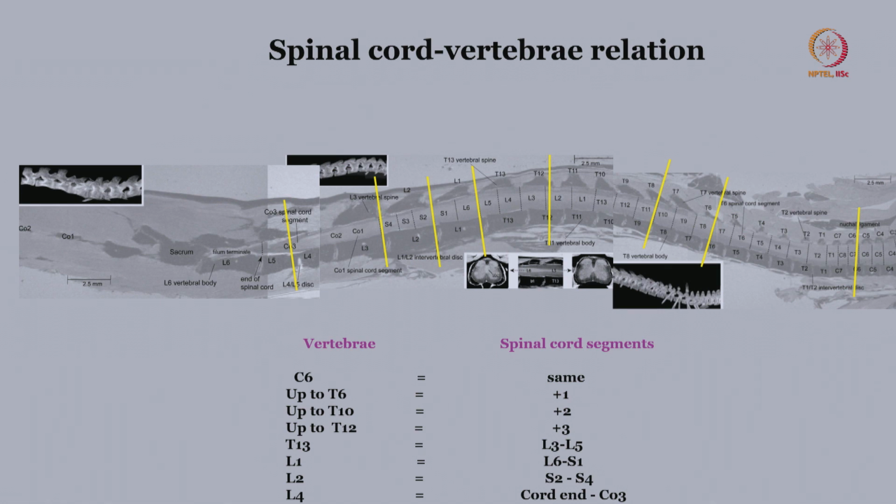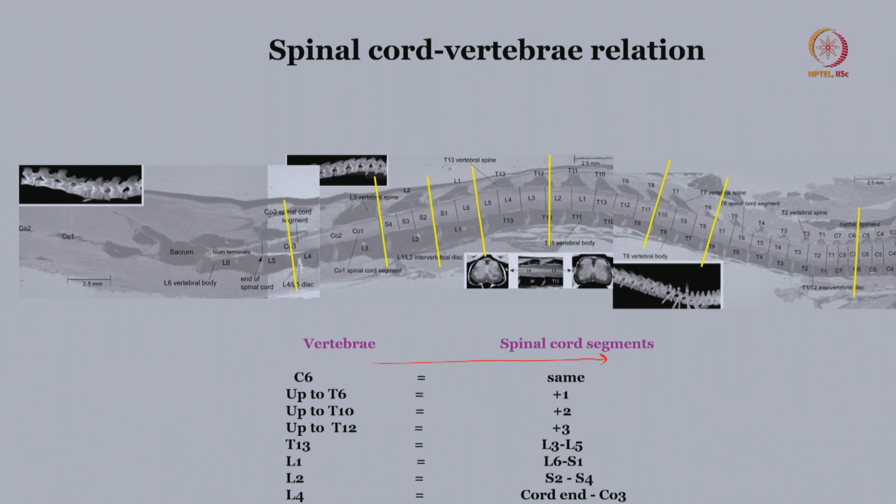This is a beautiful image where multiple MRIs have been fused, something known as a scout image, and you can see that the entire vertebral column is arranged in order, and then you can see the corresponding spinal cord segments. So, in order to remember this relation easily, this is the relation of cord and vertebrae we use in humans.